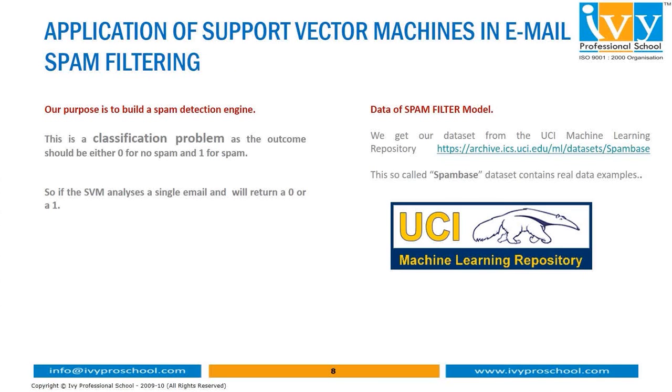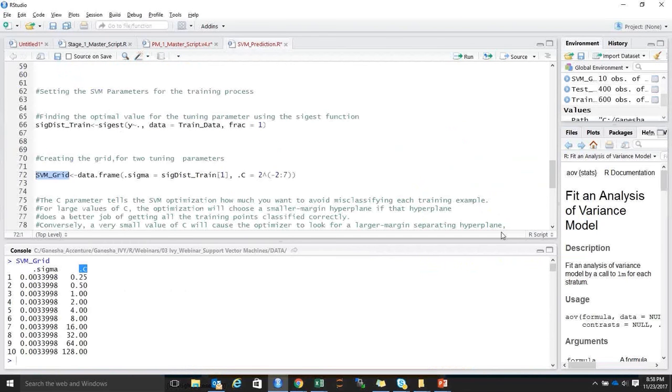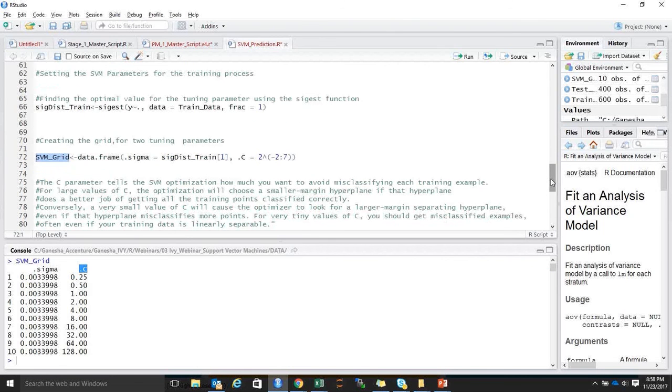So the greater the value of C, the smaller the margin of the hyperplane, and a small value of C will give you a much larger margin. It's an iterative process, but it's okay to choose a somewhat smaller value of the C parameter.